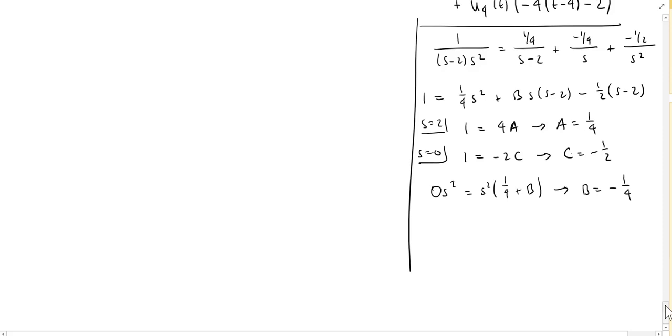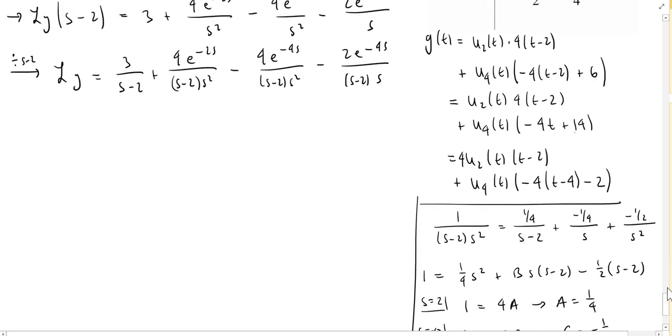Cool. So we can go back up and rewrite it'll be actually the second and the third summands, using this decomposition. So we have 3 over s minus 2, that'll just get copied. Now, this 4e to the negative 2s, that's just going to hit every single one of these three pieces. So let's see, we have a 1/4 times the 4, that's pretty good.